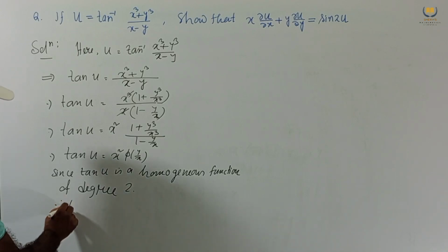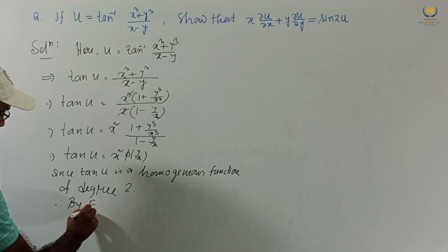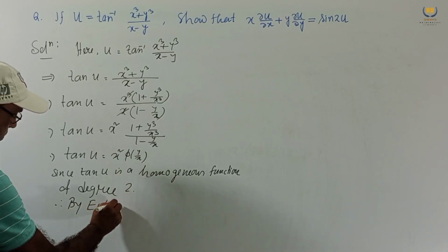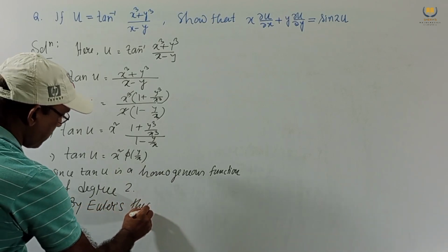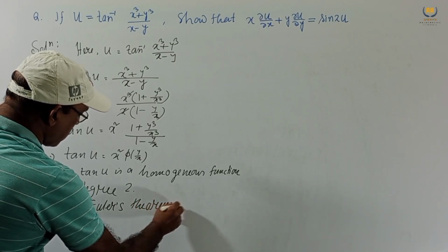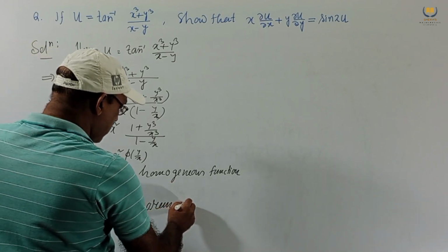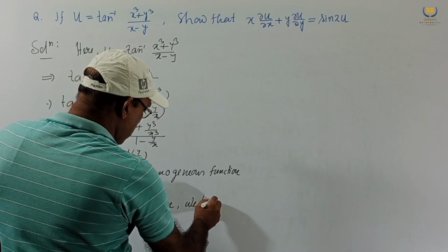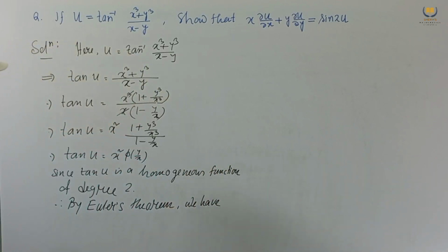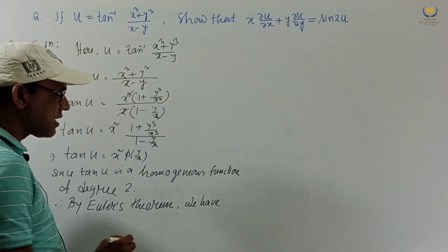Therefore, by Euler's theorem, we have, what do we have by Euler's theorem? Now what is Euler's theorem?